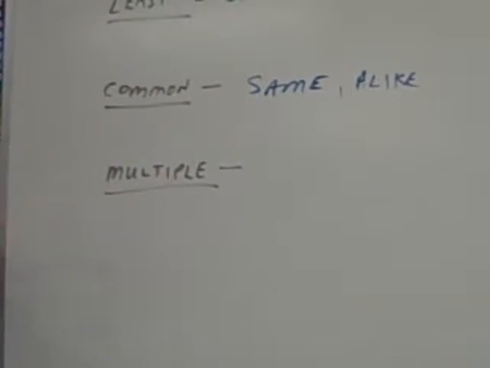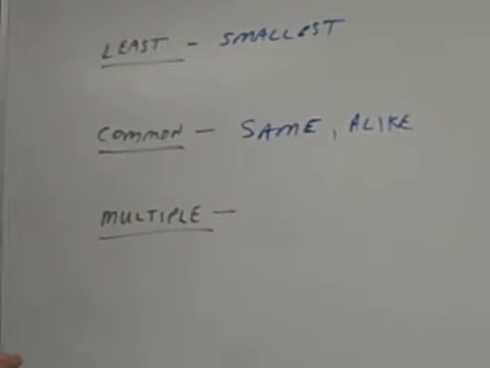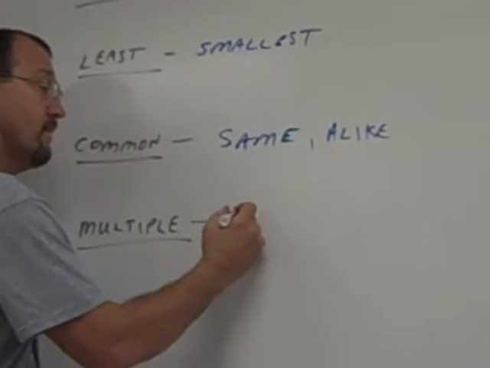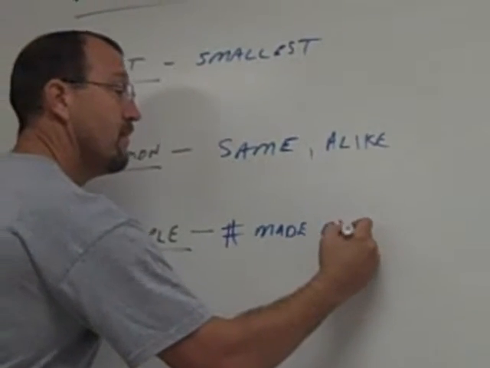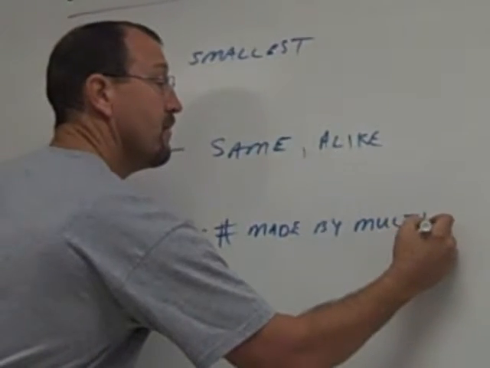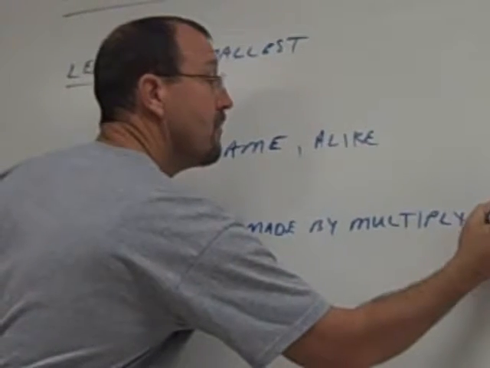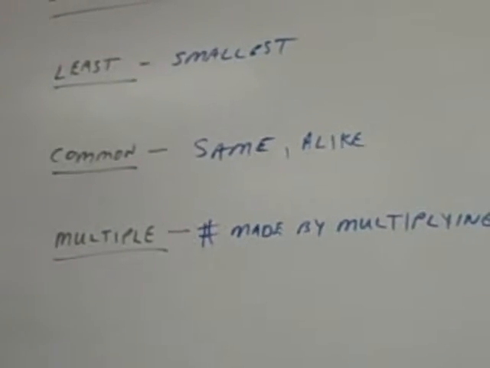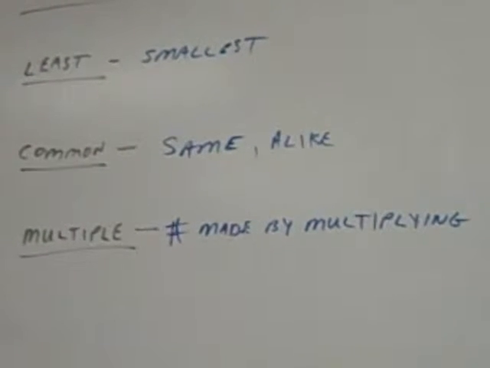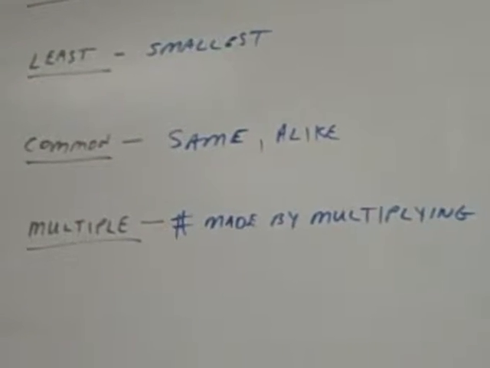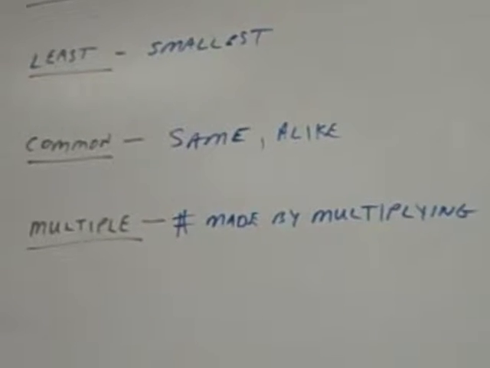Now let's go down to the third word. Multiple. A multiple is a number that is made due to the fact that we multiplied.